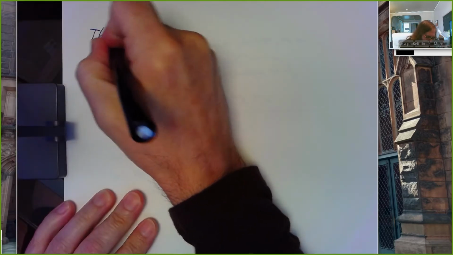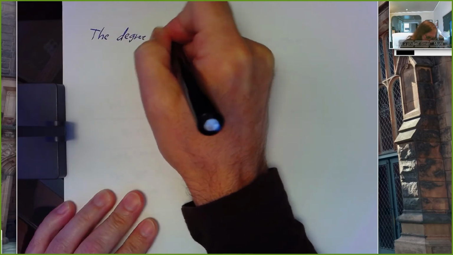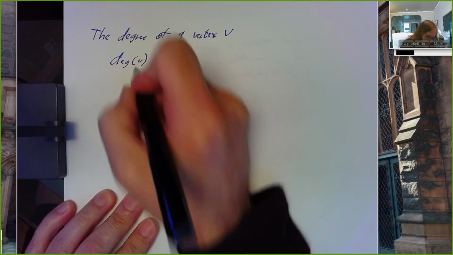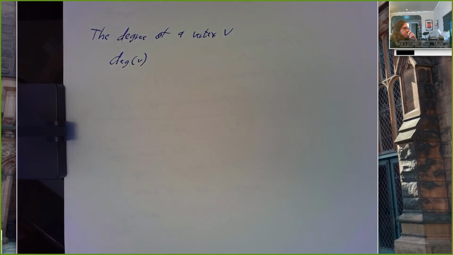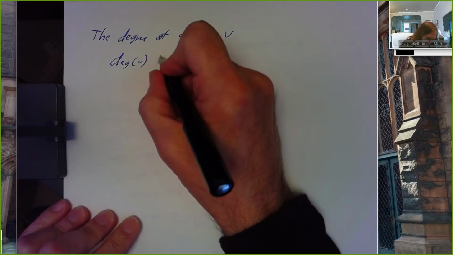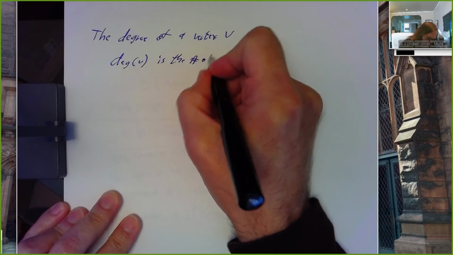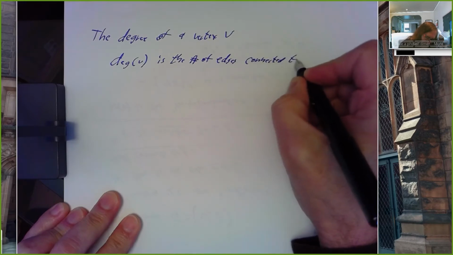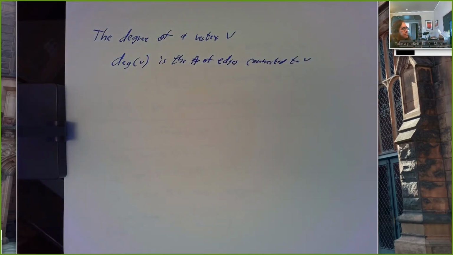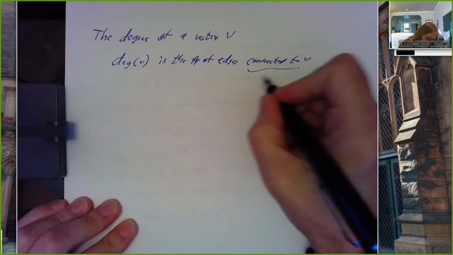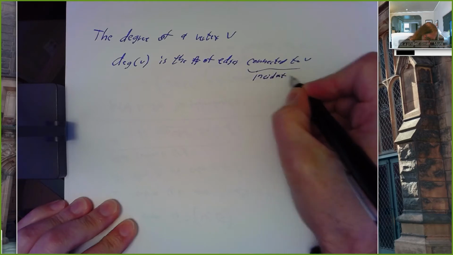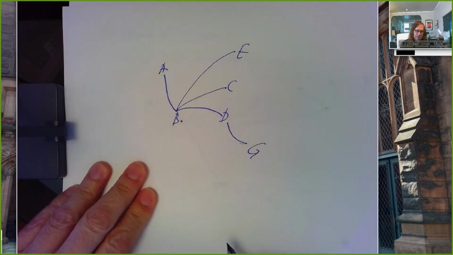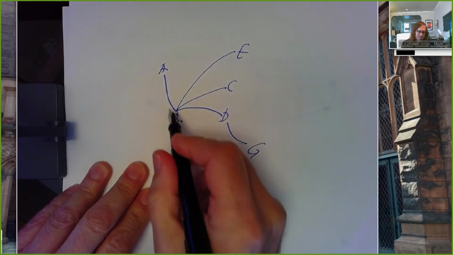The degree of a vertex V, which we write as degree of V, is the number of edges connected to V, or incident to V. So the degree of A is 1 because there's one edge. The degree of D is 2. The degree of B would be 4.